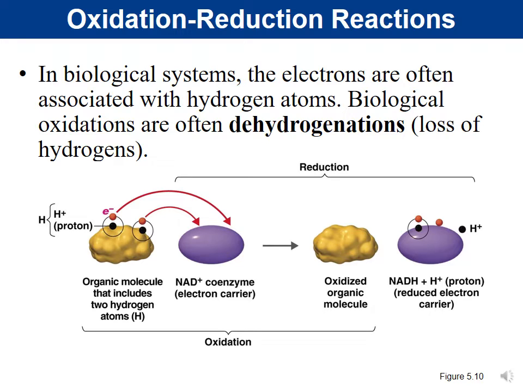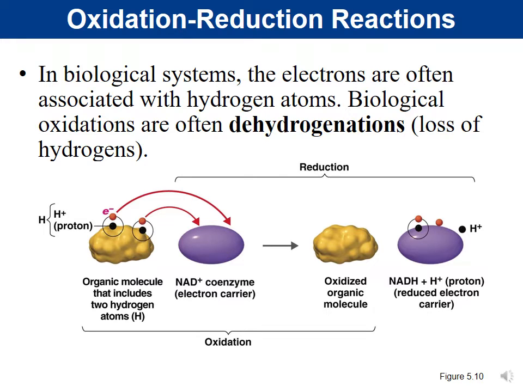And so the way that that works is this organic molecule has these hydrogens. So notice that each hydrogen is written as one proton. So that's the black dot. And one electron, right? And so that's my hydrogen atom. And the electrons are going to be passed from the organic molecule and put onto the empty electron carrier.